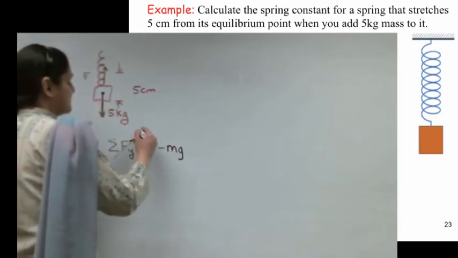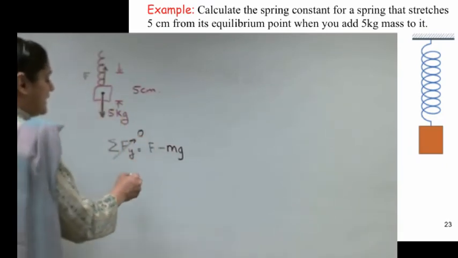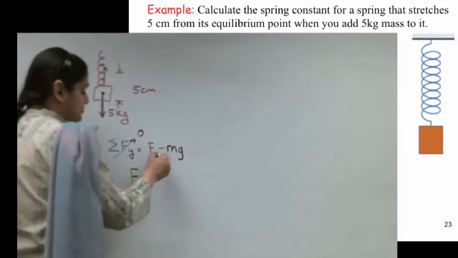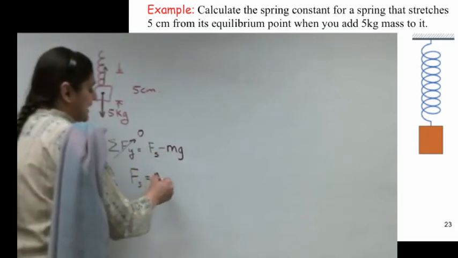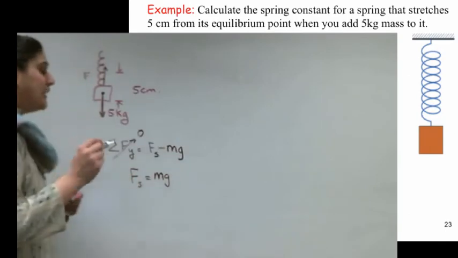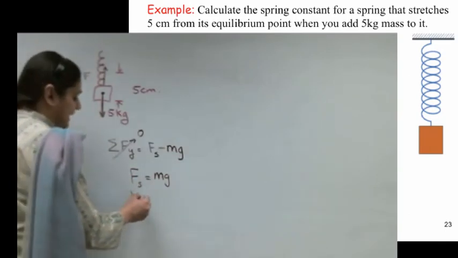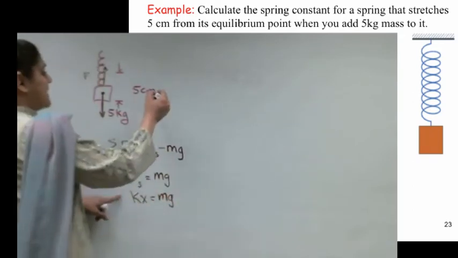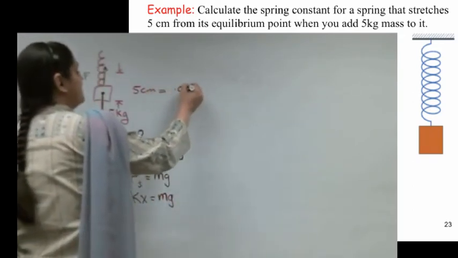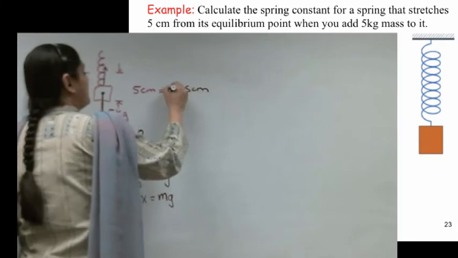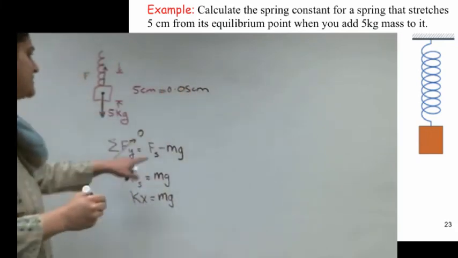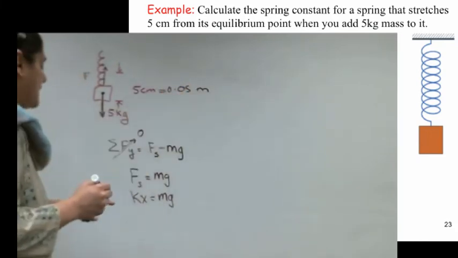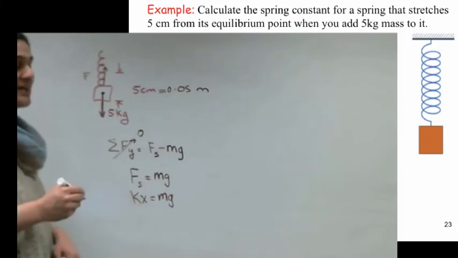So that means sigma Fy will equal 0, and I am left with F of the spring equals mg. Hooke's law says F equals kx, which equals mg, and I can convert the stretch to meters, 0.05 meters, so kx equals mg.